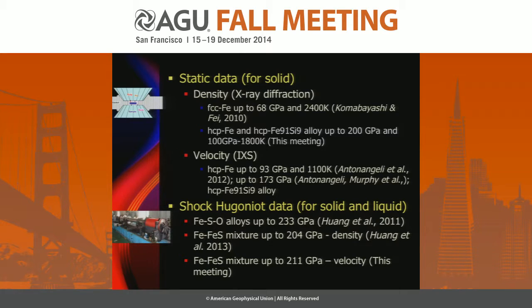So it's really important to integrate those, because we have the solid inner core and liquid outer core, we need information on both the solid state and liquid state, as well as the complication of the composition. I'll come to that a little bit later and try to address those too.